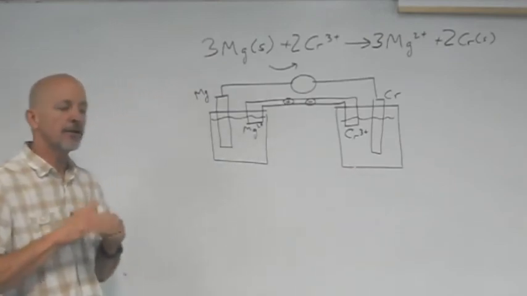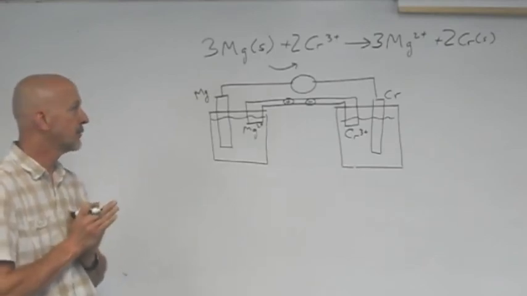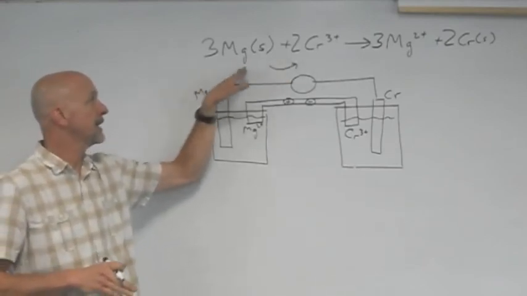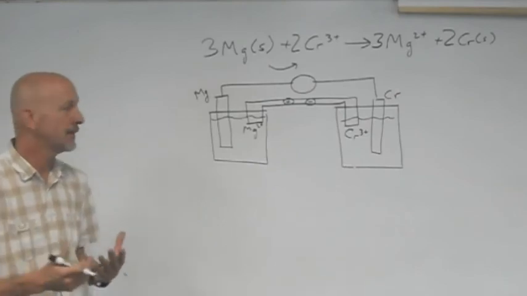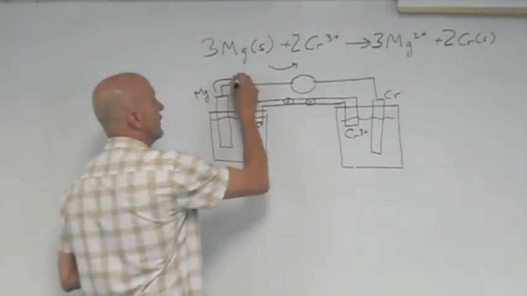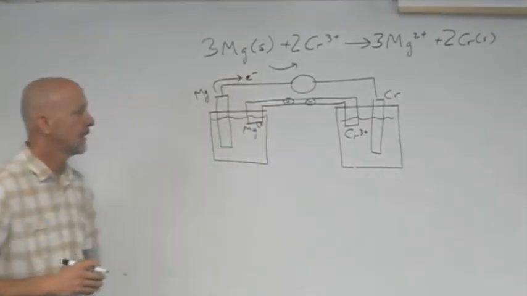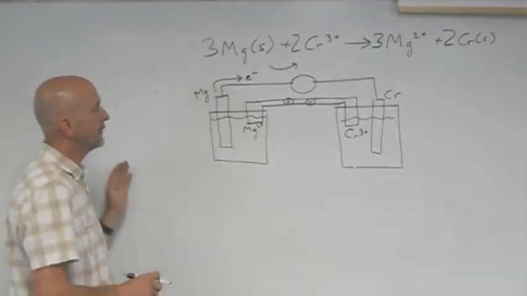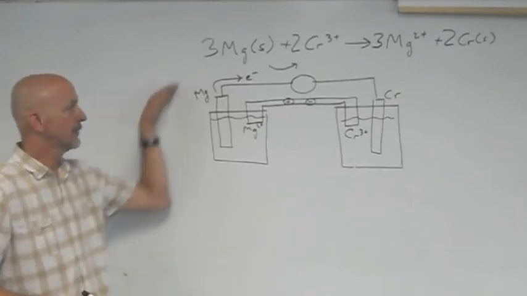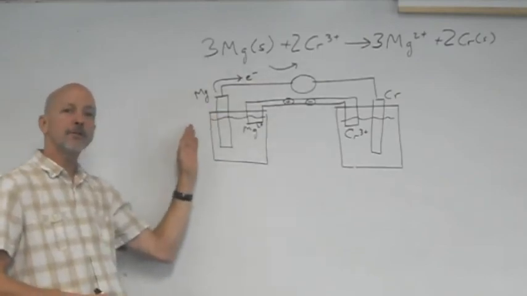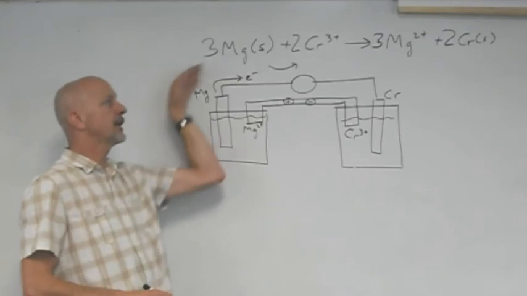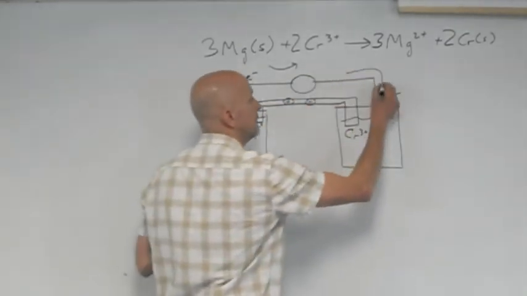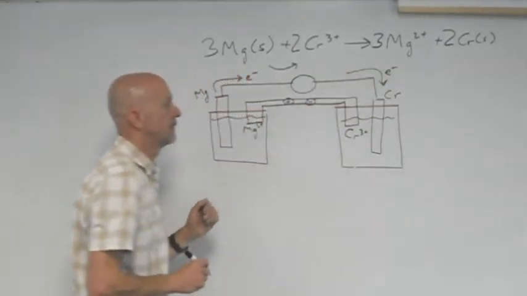So I want to draw the electrons. Which way are electrons going to go in this wire? Well, I can see from my reaction, magnesium is the one that's going to give up the electrons. Electrons go this way. So far in both the batteries I've shown electrons coming from left to right. It's not always that way. It's just which one is more easily oxidized. That one gives up electrons. Electrons come around here, go into chromium.